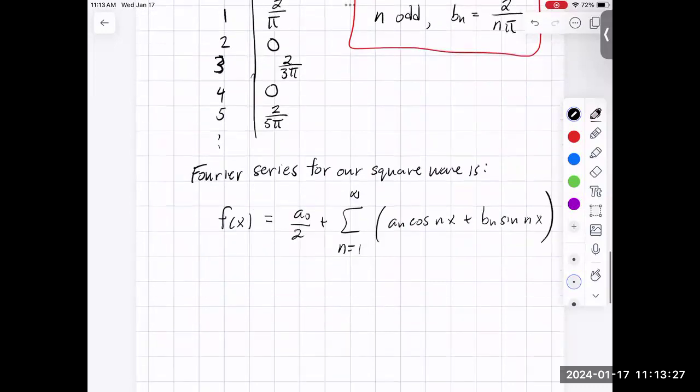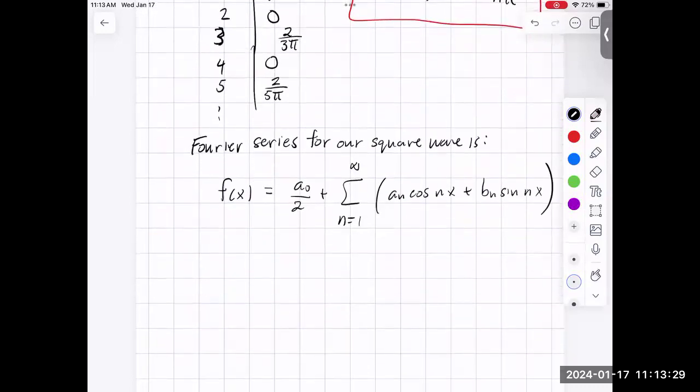And let's just write out some of those terms. So for our square wave, A0 was 1. So we get 1 divided by 2. So we get 1/2.